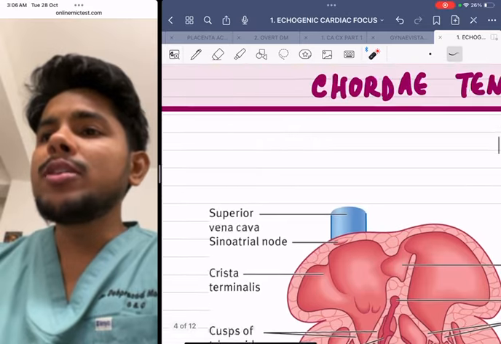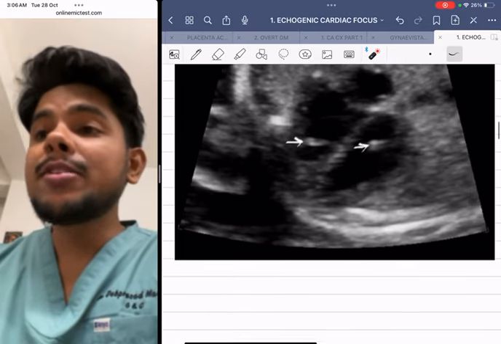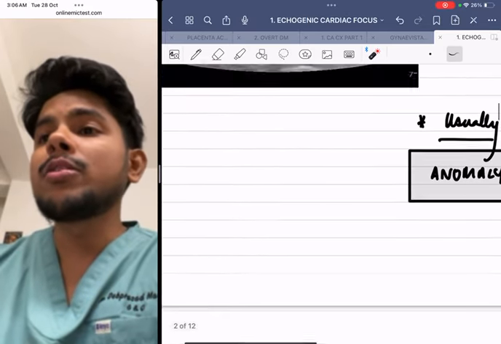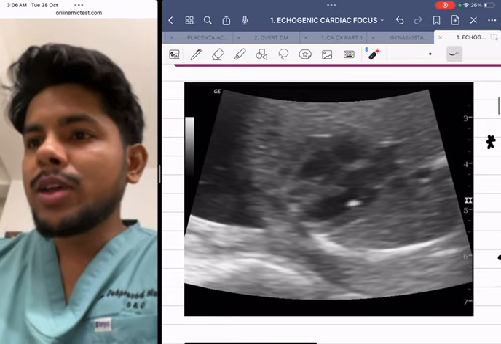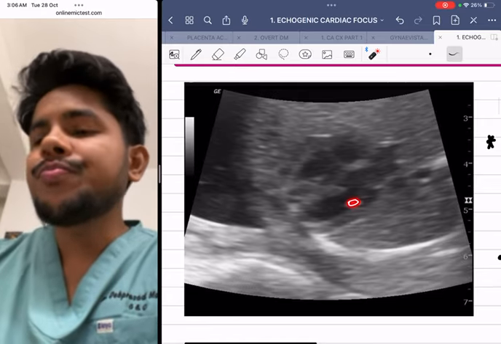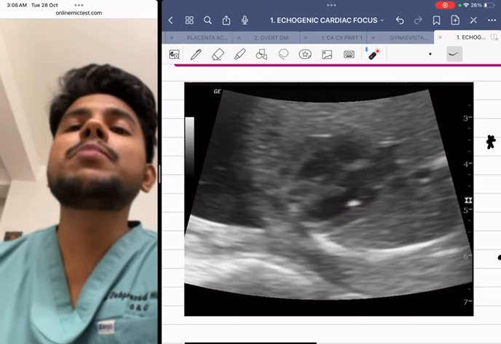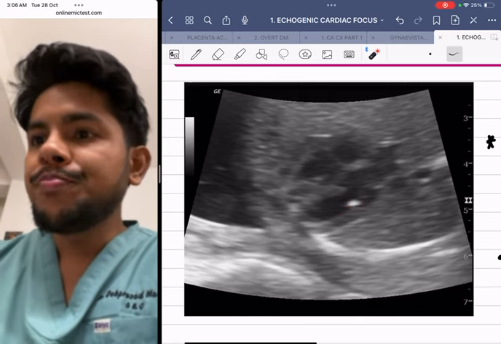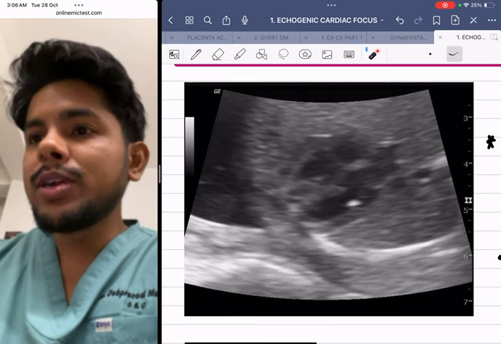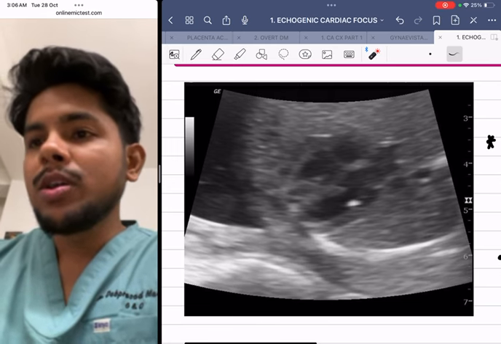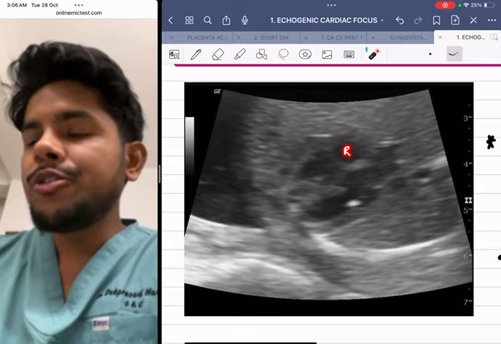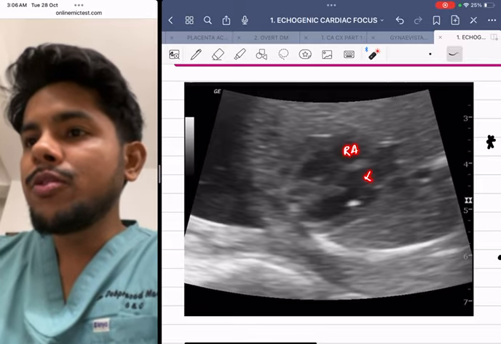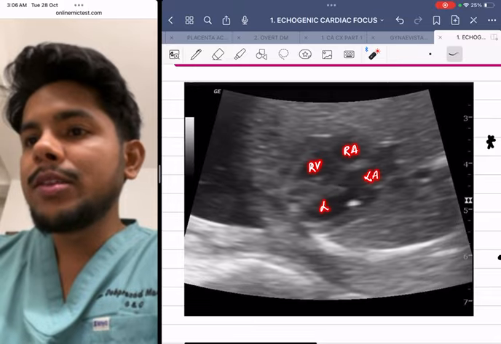Now, when these papillary muscles get calcified, they look bright or white on ultrasound. If you look at this picture, you can see a very bright spot, which is nothing but the calcified papillary muscle. Let's orient ourselves with this ultrasound. This is your right atrium, this is your left atrium, this is your right ventricle, and this is your left ventricle.